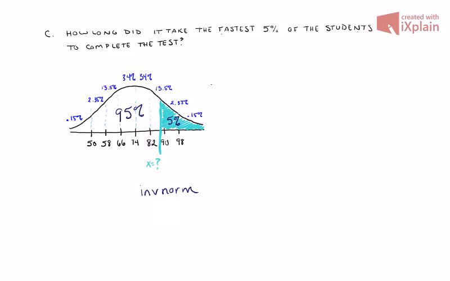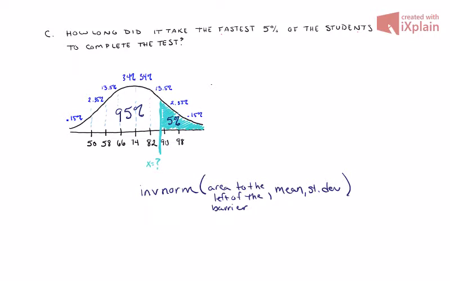Inverse norm is where we are going to put the area to the left of the barrier you drew in, followed by the mean, followed by the standard deviation. So we have 3 values that we're putting in this time.